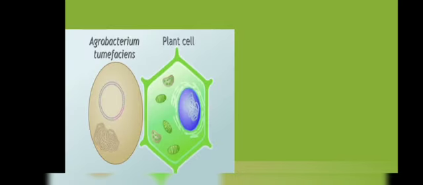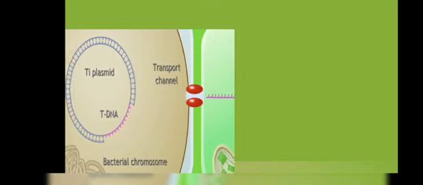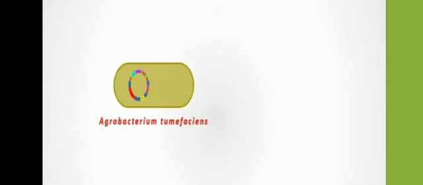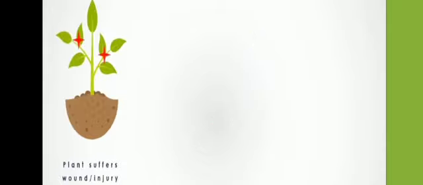Now here we will see we have the TI plasmid and we have the tDNA. So this tDNA is transferred as a single-stranded tDNA into the plant genome, and this is integrated into the plant genome.